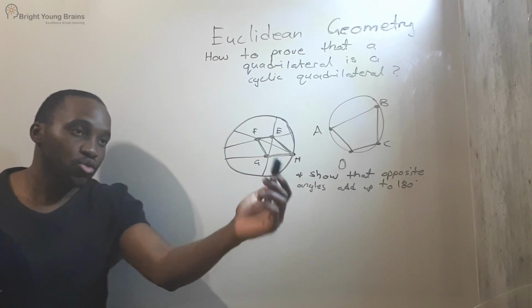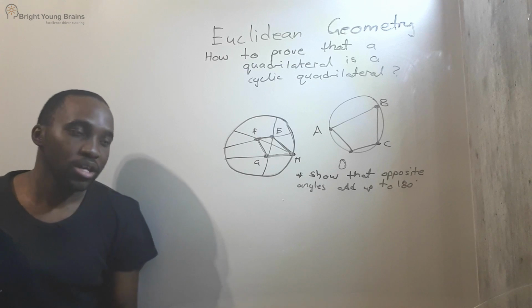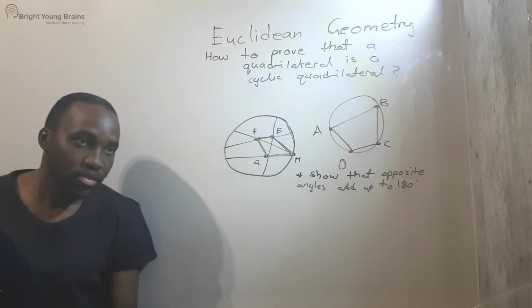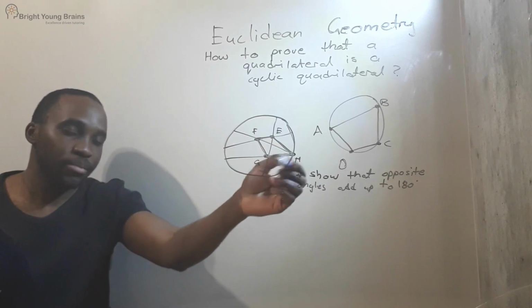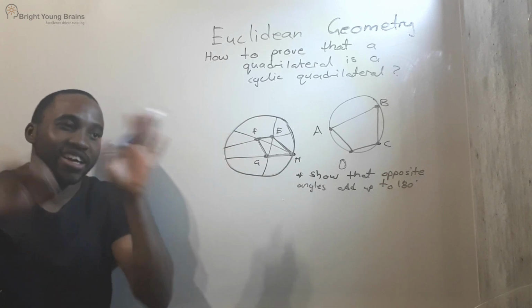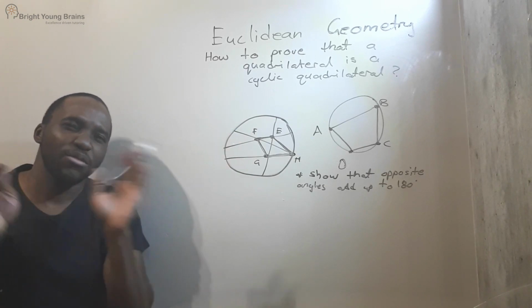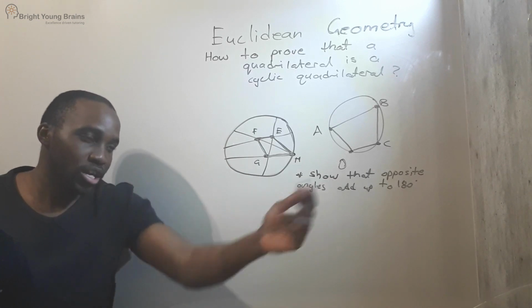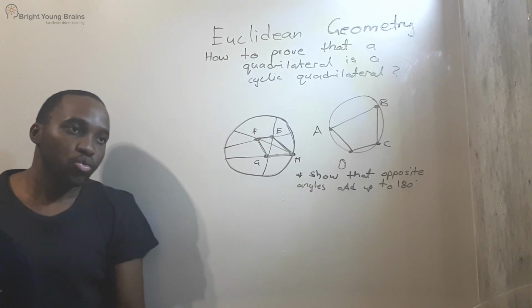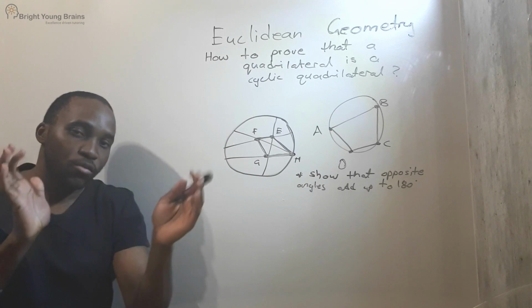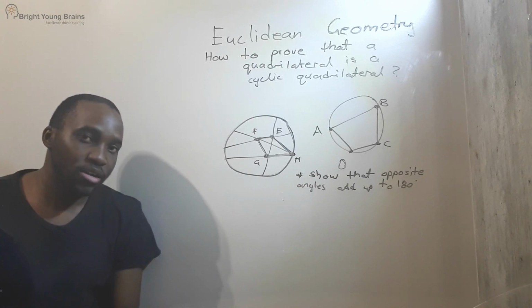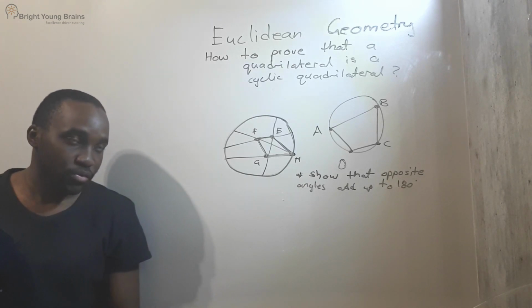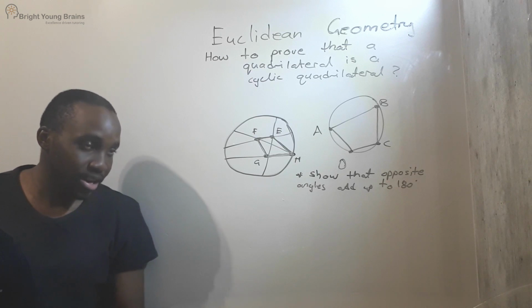In whatever sketch you'll be dealing with and whatever information should have been given, as long as you can show that opposite angles add up to 180, you will have proven that your four-sided shape is a cyclic quad. So that's one of the ways you can prove that you are dealing with a cyclic quadrilateral.